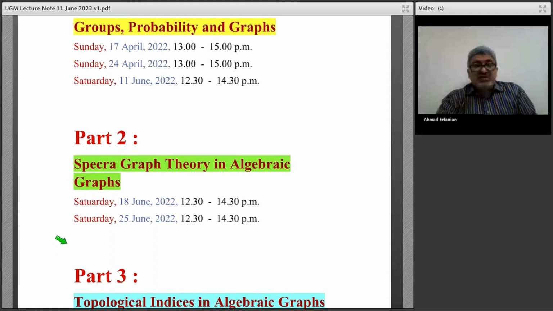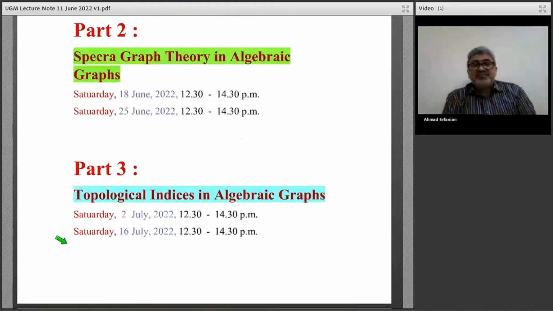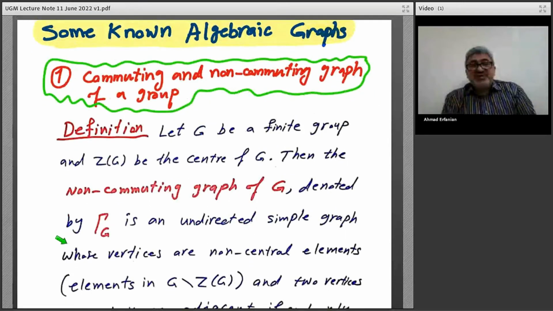So today I will introduce some important graphs mostly associated to groups, but I will also introduce two algebraic graphs associated to a ring.